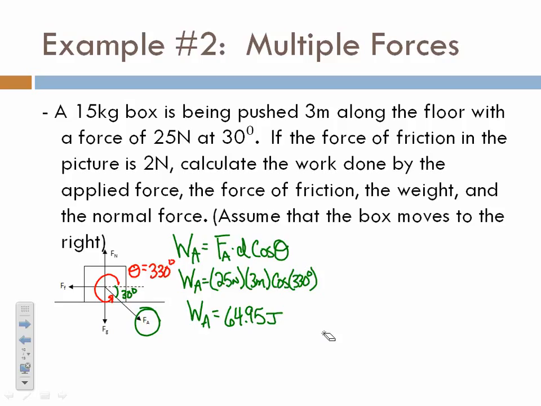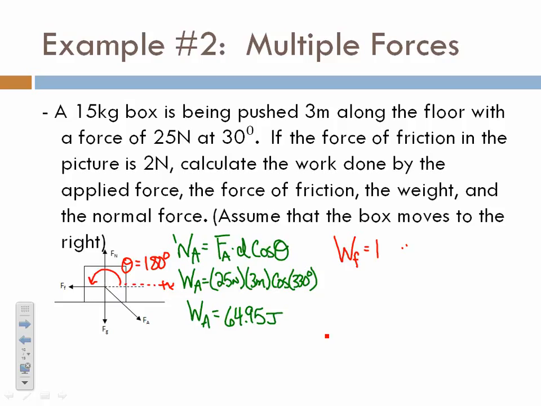If we have this thing moving off to the right, I'm going to erase some of the stuff here on our picture. Let's look at the force of friction here. So friction, if we're moving off to the right, then friction is pointed off to the left, and I'm going to use a standard angle of 180 degrees for that. So we can do the work done by friction.